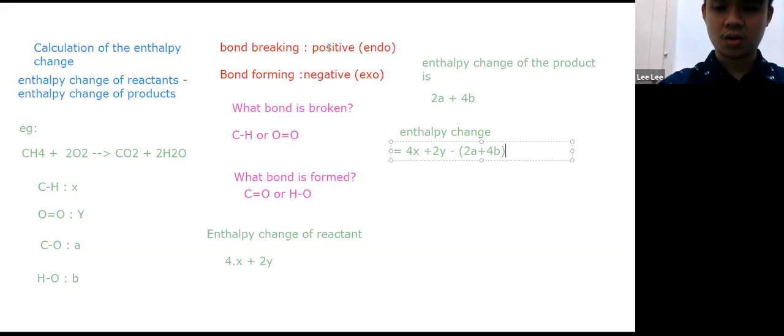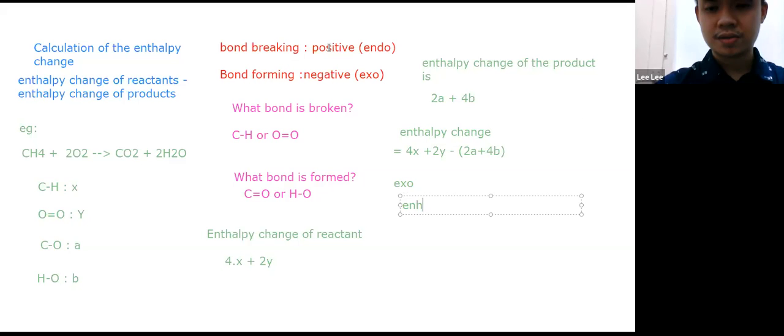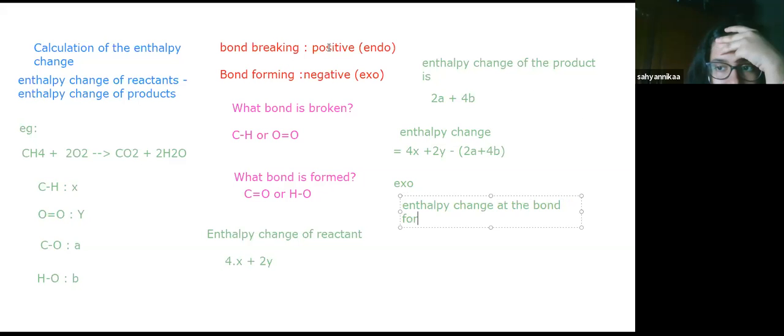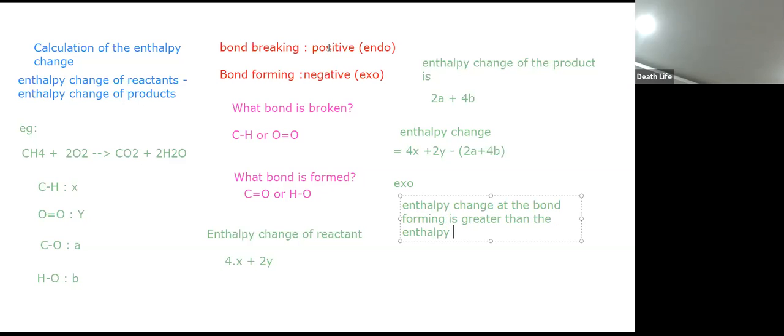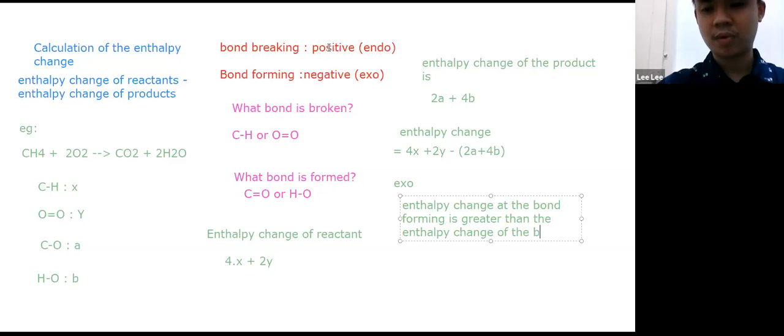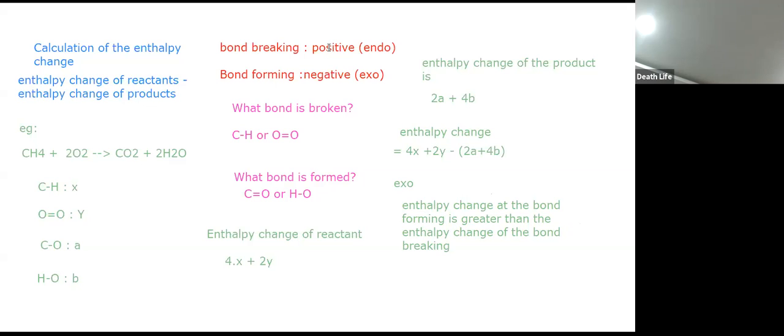Now if it's negative, it means the enthalpy change at the bond forming is greater than the enthalpy change of the bond breaking. You have to write this down as the reason to explain whether it is positive or negative.